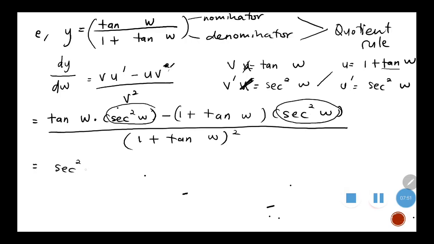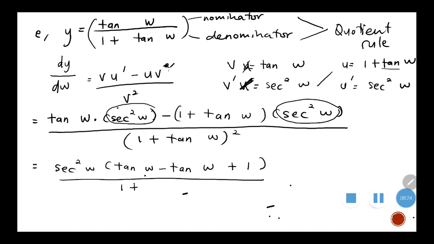So secant square w times tan w minus tan w plus 1, over 1 plus tan w square.